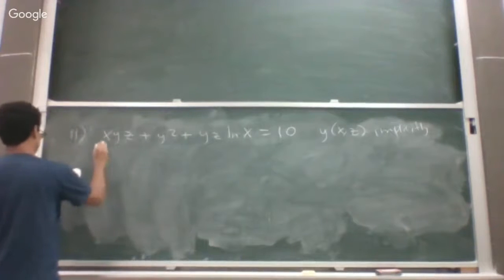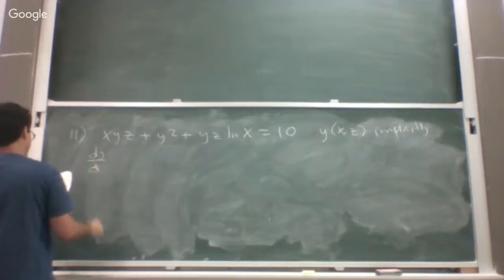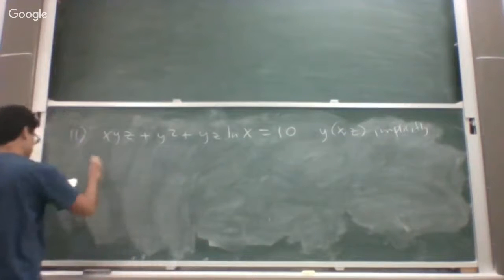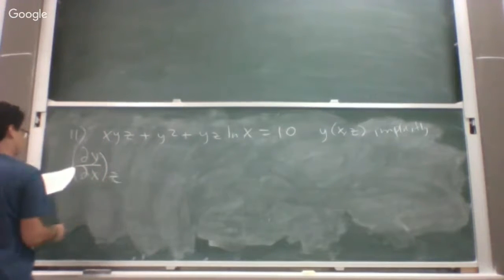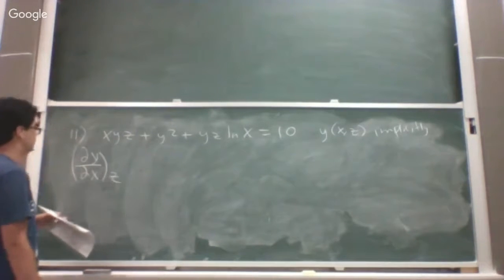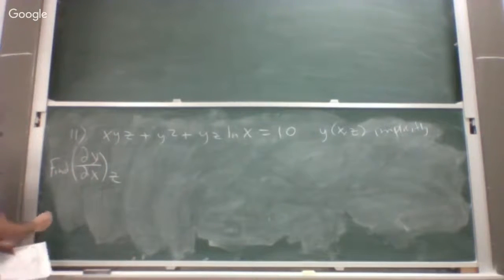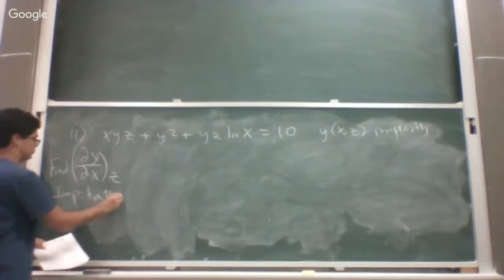So we have to find dy dx, the partial of y with respect to x holding z constant, using the implicit function theorem. Okay? So we have to find that with the implicit function theorem.